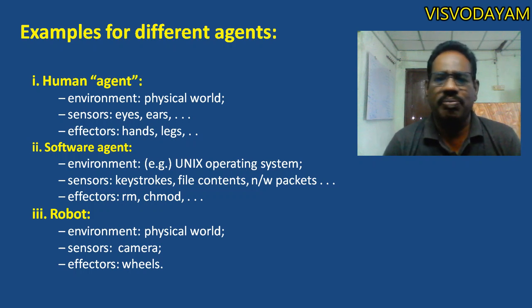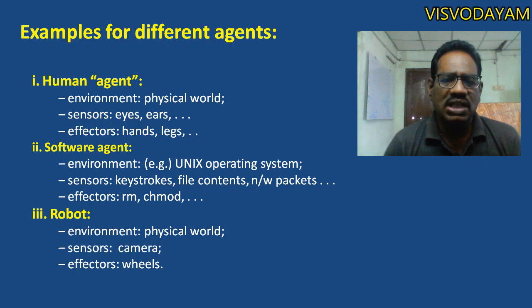Based on the environment, we need to design the robot agent, so it can have some sensors. Suppose it is intended for a heat resistant area, it has to sense the temperature. So for predicting the temperature conditions, it should have relevant sensors. Suppose it is a monitoring system, it should have cameras.